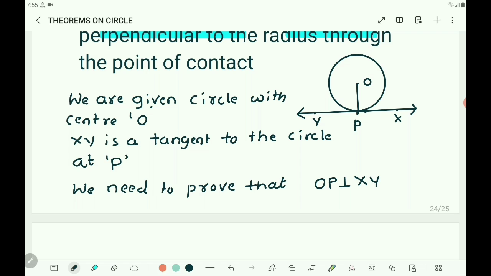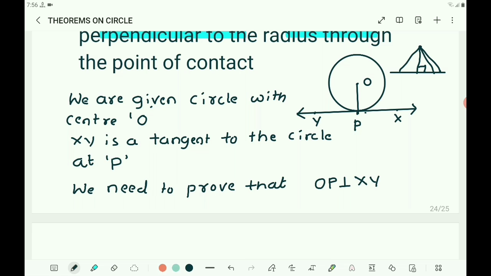You know that for a given line, you can draw any line. For example, this is a line, and from a given point outside the line, you can draw any number of lines. And out of that, the line which is perpendicular is the shortest, and the shortest is the perpendicular.